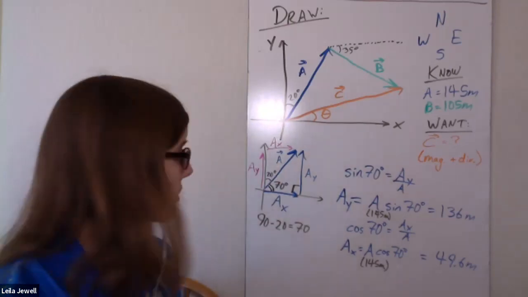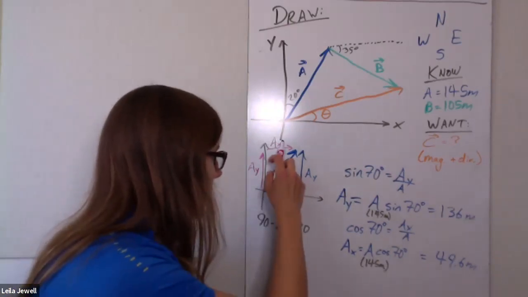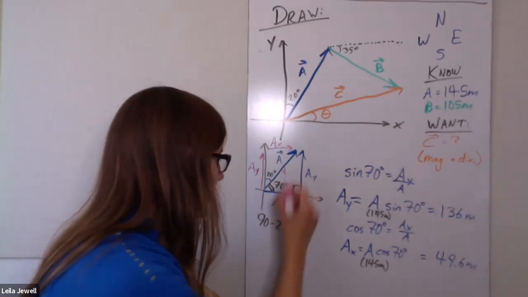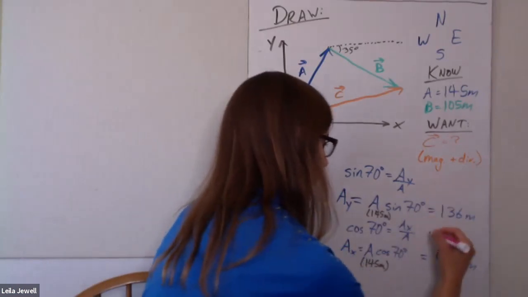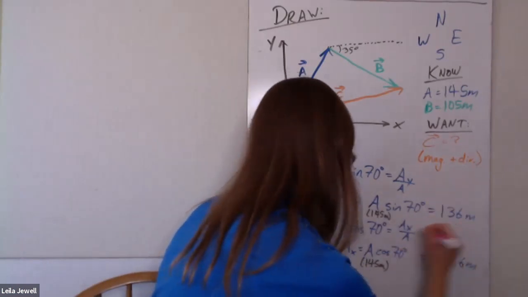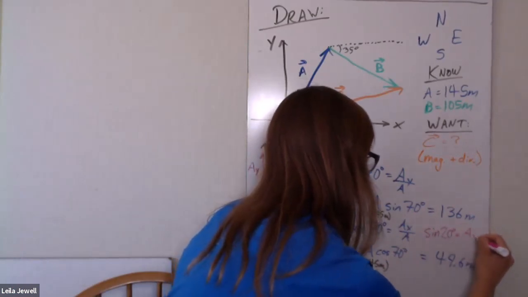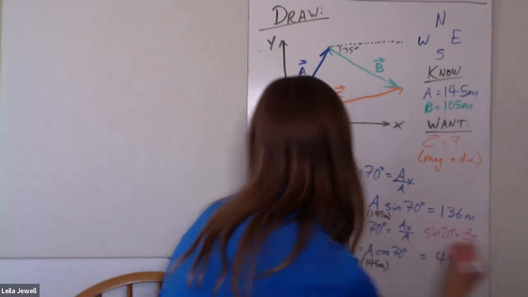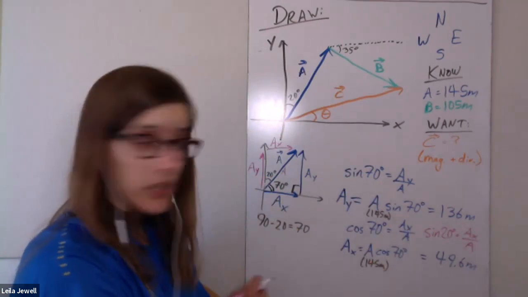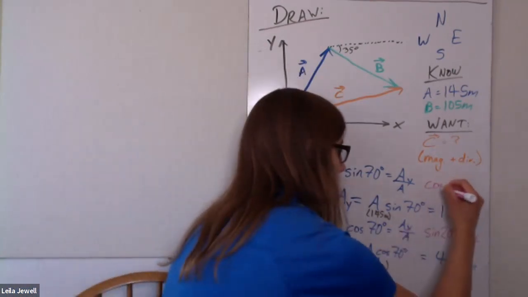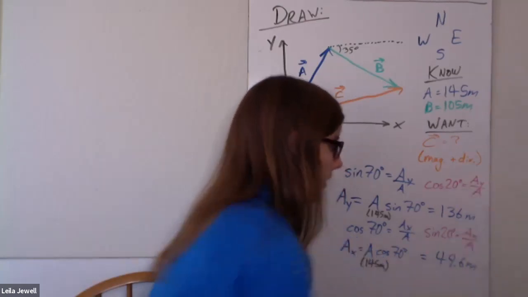So sine of 20 is equal to A sub X divided by A. And similarly, A sub Y is now cosine, or adjacent to the 20 degrees. So cosine of 20 degrees is equal to A sub Y divided by A.